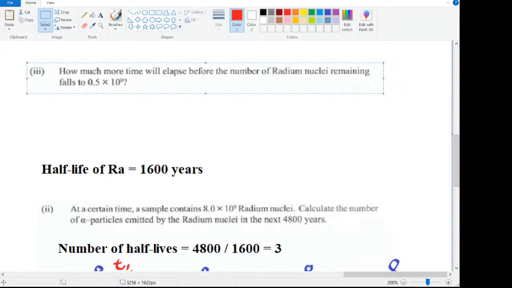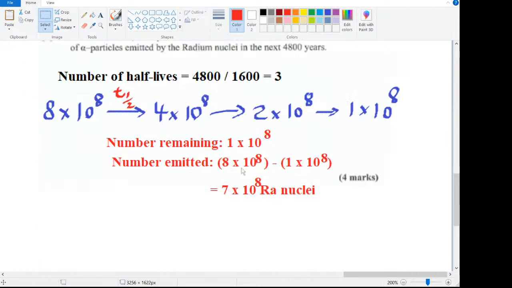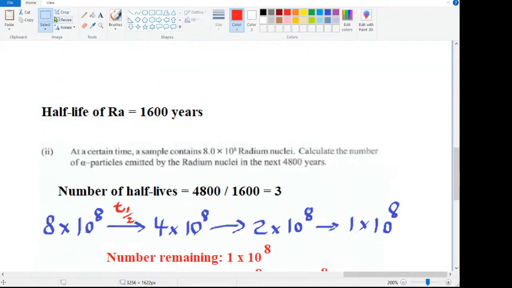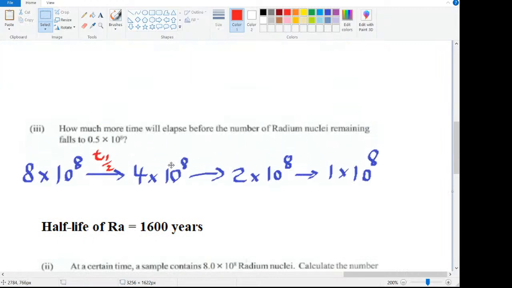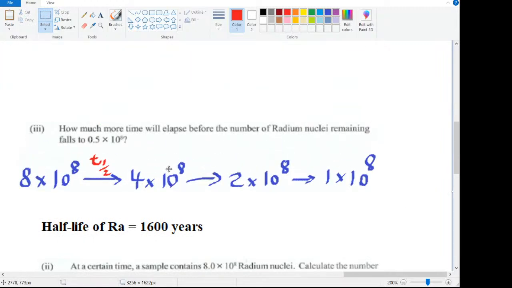I think it's just 1 mark. Okay, well, I think you just have to continue this until it reaches 0.5. So that'll just be 1 half-life.